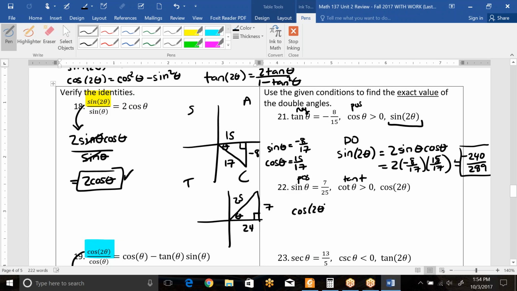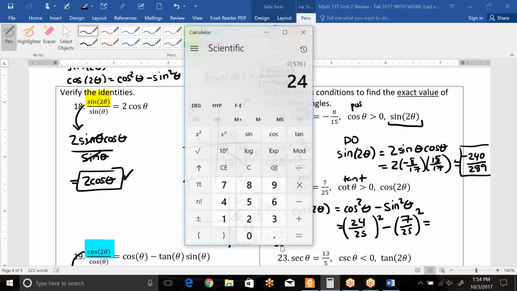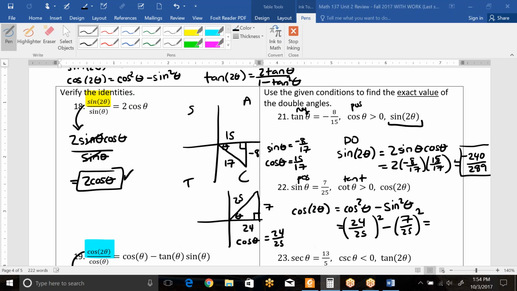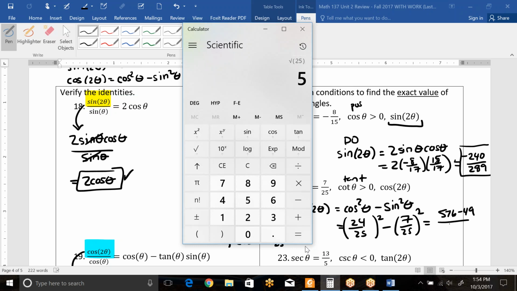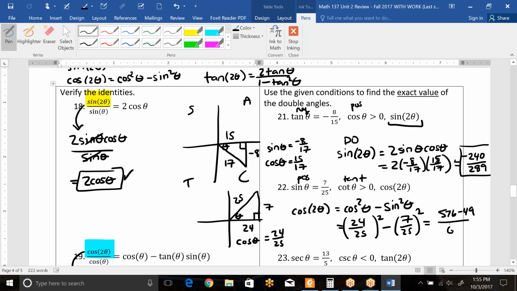Cosine of 2 theta, we're going to need cosine squared of theta minus sine squared of theta. So cosine of theta is 24 over 25, and they already gave us sine theta. So this is 24 over 25 squared minus 7 over 25 squared. 24 squared is 576 minus 49, all over, not square root, 25 squared, 625.